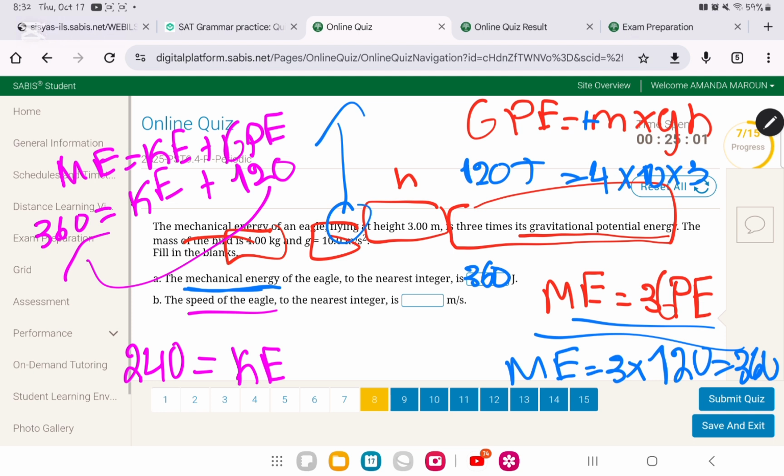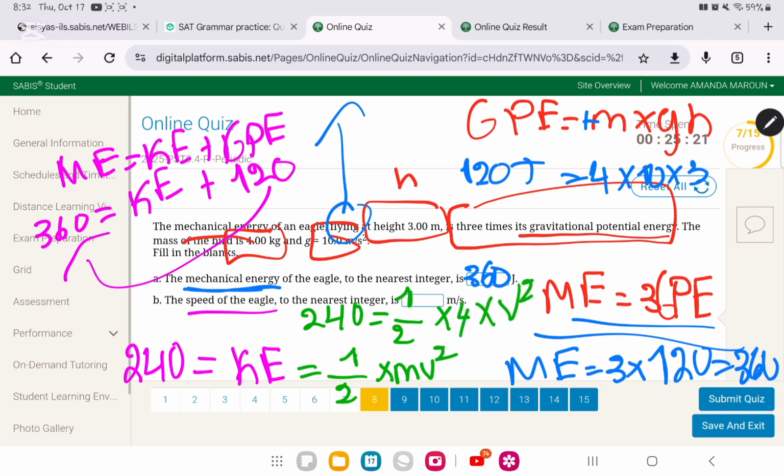What is the rule for kinetic energy? It is 1/2 times mv squared. So then 240 is equal to 1/2 times the mass, which is 4 kg, times the velocity, or the speed, squared. The speed is what we need to find. So if we bring this to the other side, you will get that the speed squared is equal to 120.